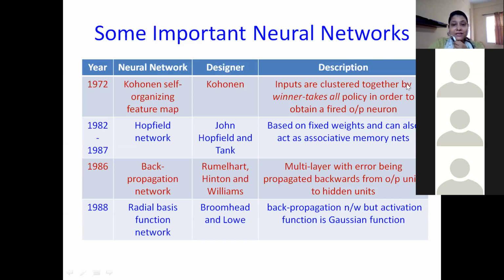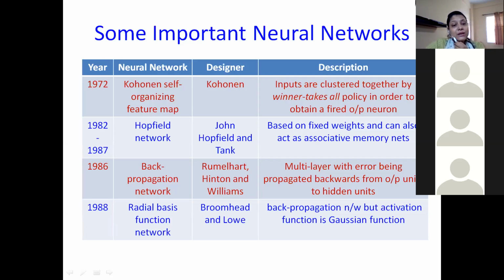But here the backpropagation network is a kind of recurrent neural network, multi-layered, where the error obtained during the learning or training phase can be propagated backwards from output units to hidden units. So it is a special case of recurrent neural network, but a very popular and important one.